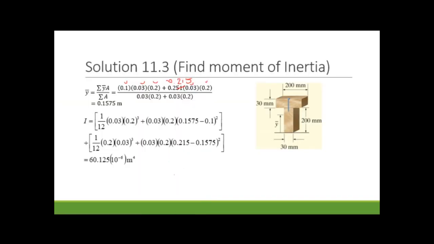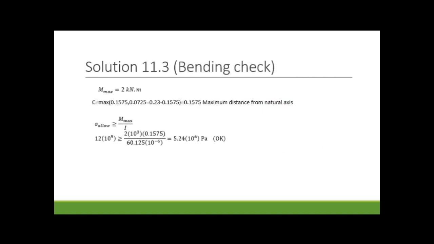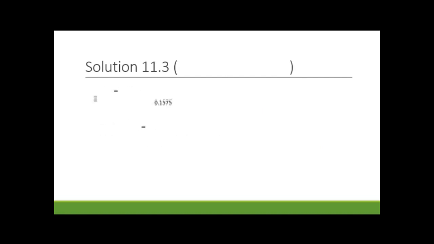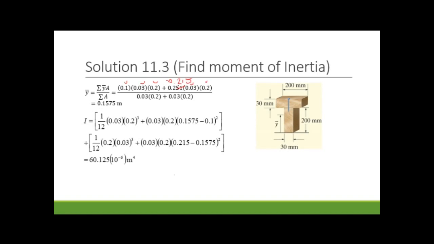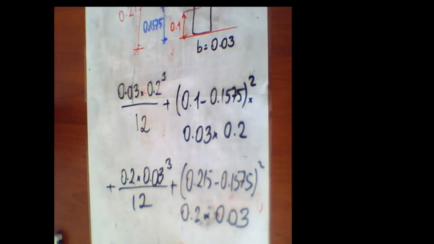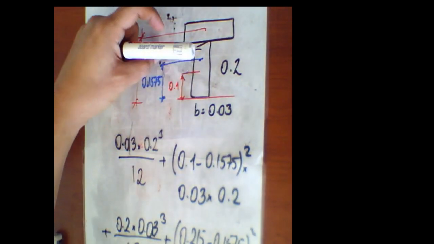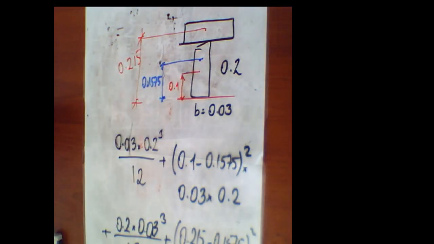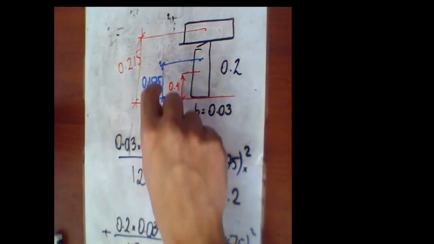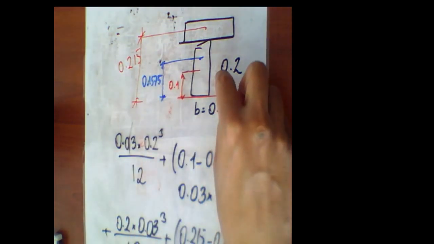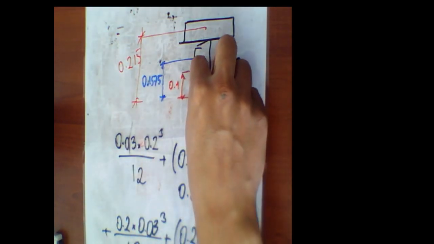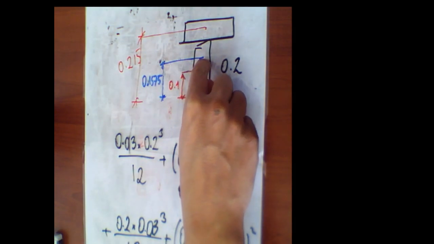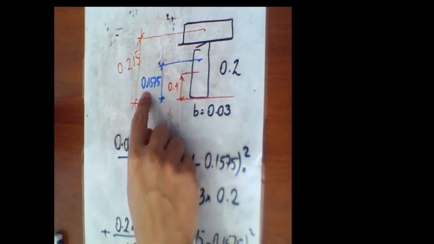Then we already know the moment of inertia, and we can also calculate c max. Let's go back to our webcam. Which one should be c max? This one is the bigger distance, I think, so this one is 0.15750. c max is the maximum distance from the neutral axis of our system, 0.15750.